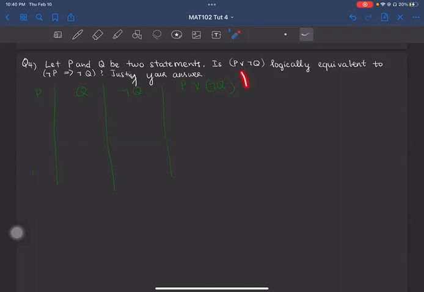P has two choices, Q has two choices. So in total, you have 4 possibilities, which means you will have 4 rows here for the truth value.